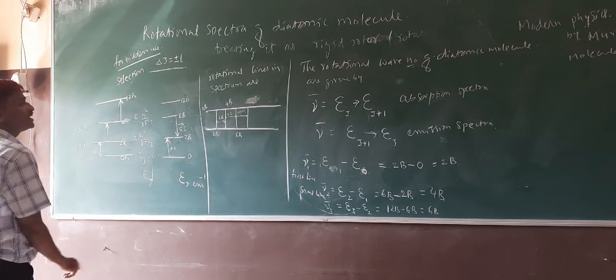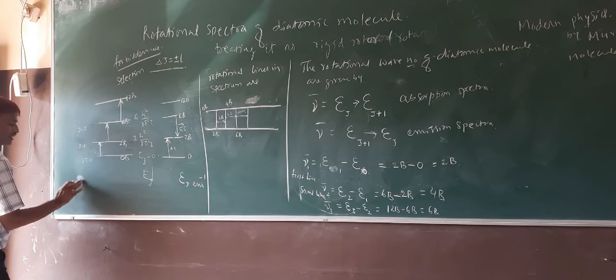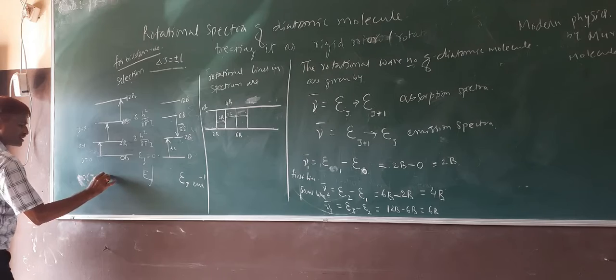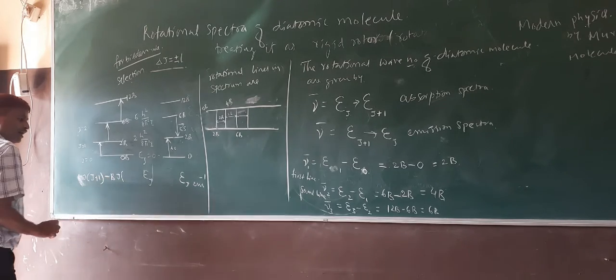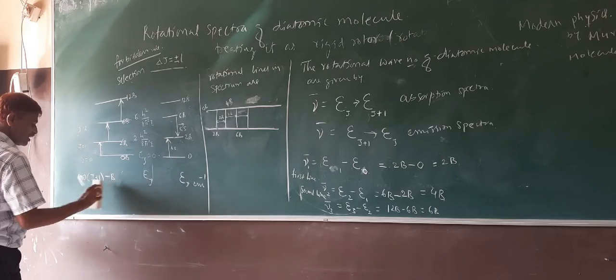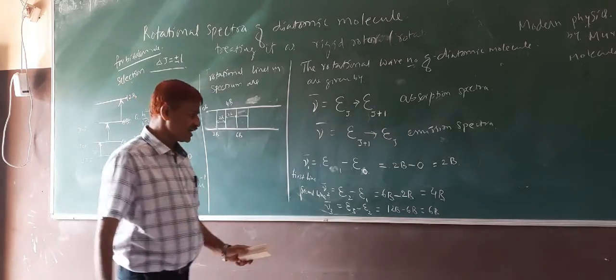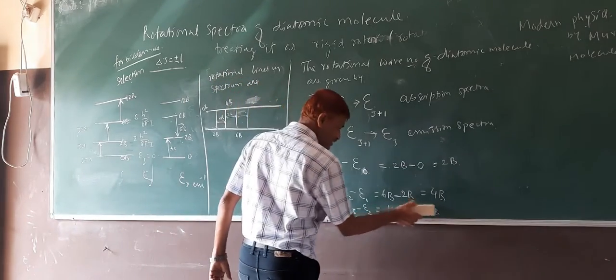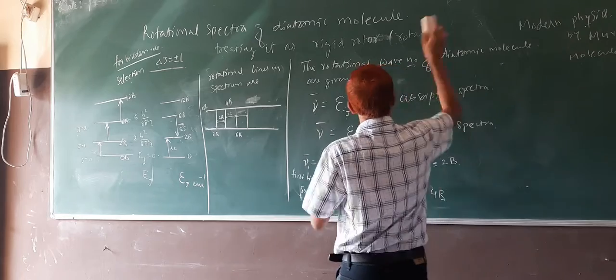Third one is this: b into j plus 1 minus b, right? This is for the third line. Let me write this afterwards. In general, what are the lines?